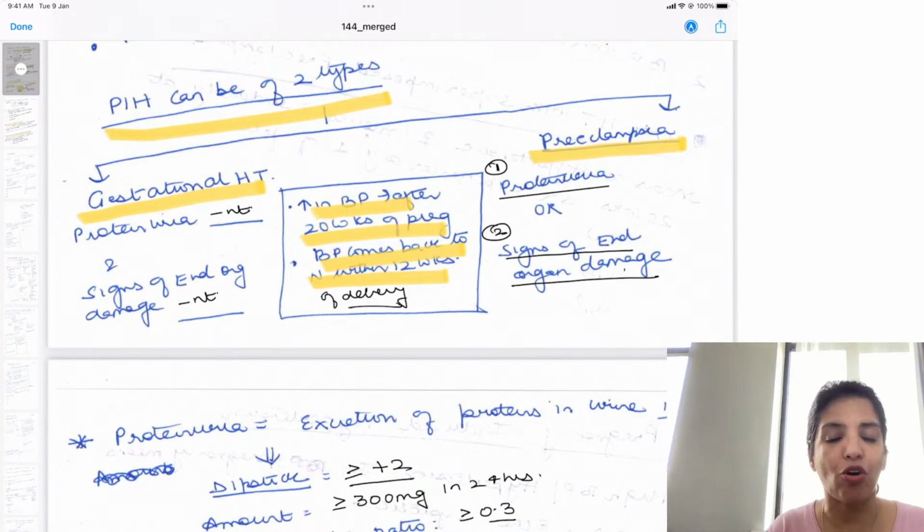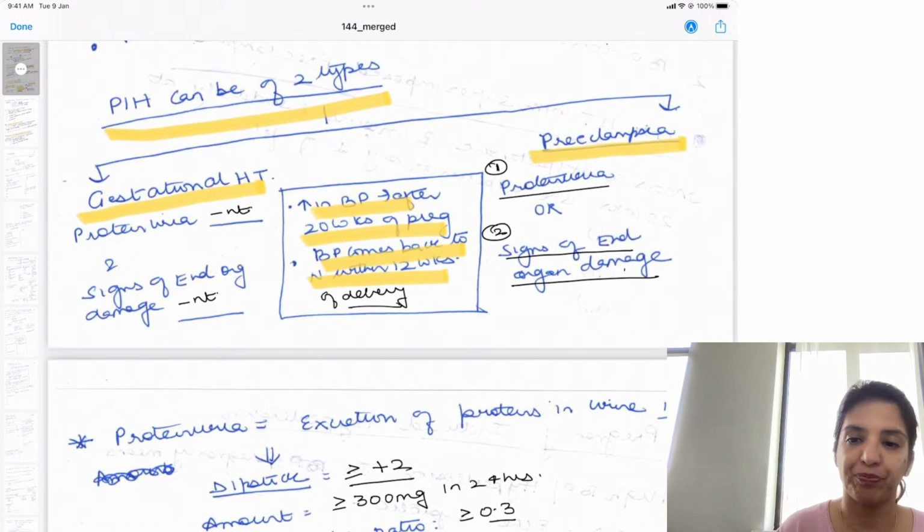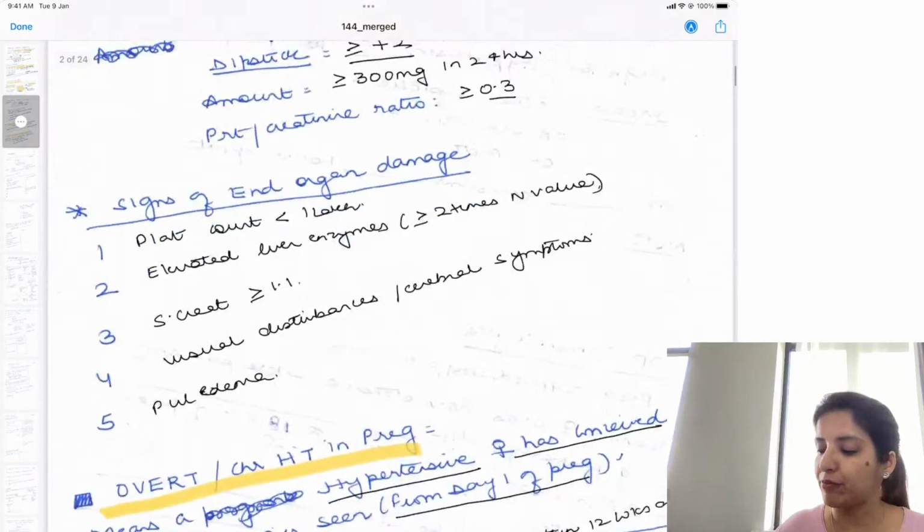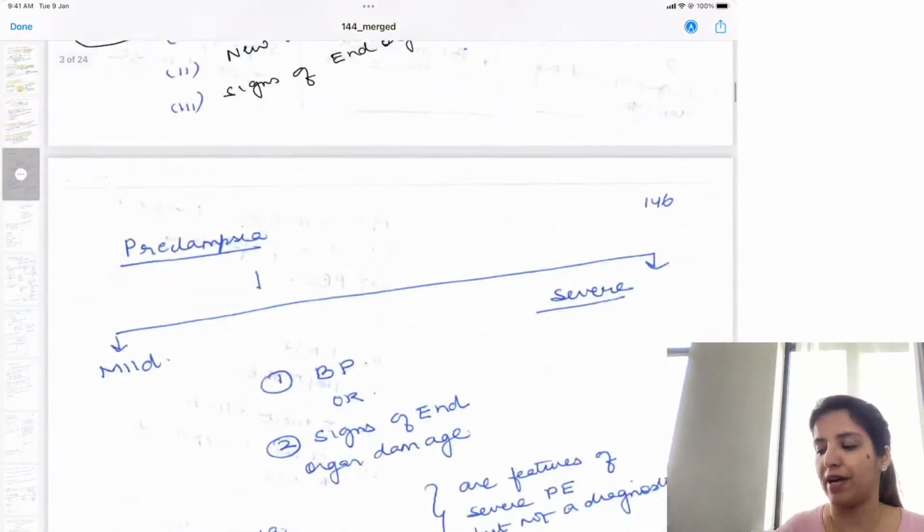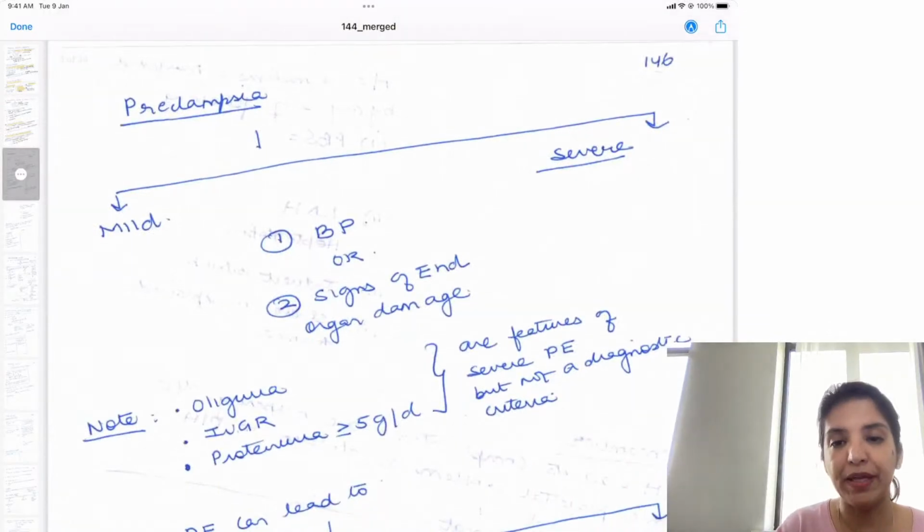One characteristic of pre-eclampsia is either they will have proteinuria, the other characteristic they may have end organ damage. अब ये जो pre-eclampsia होता है, you further classify it into mild pre-eclampsia and severe pre-eclampsia, right? So pre-eclampsia को we further classify as mild pre-eclampsia and severe pre-eclampsia.